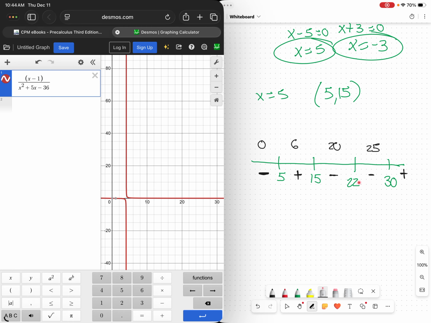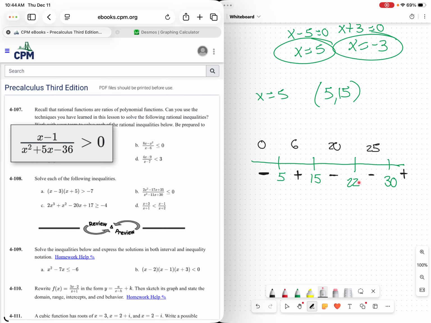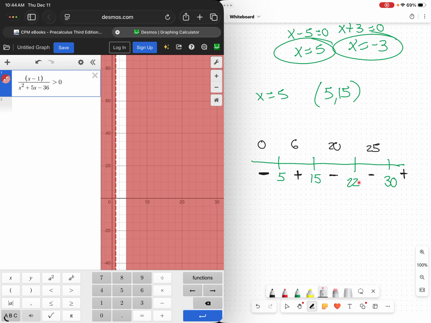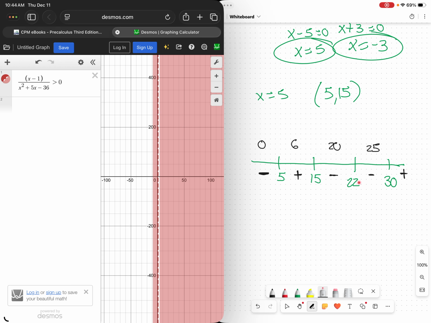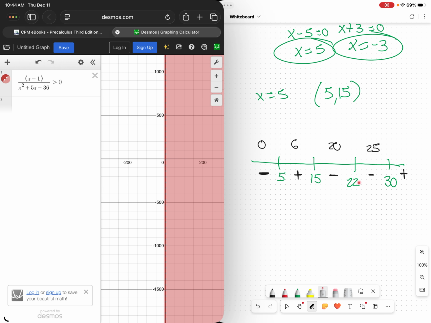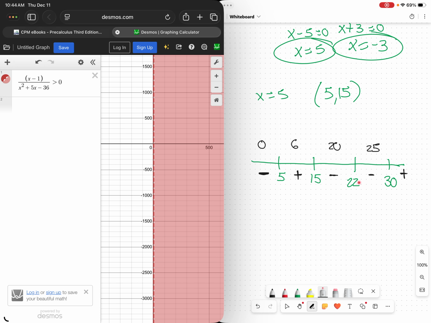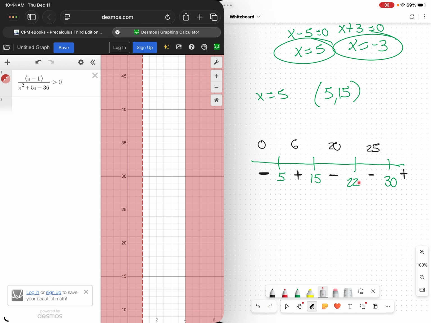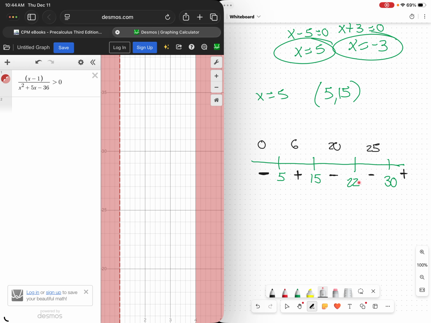Okay, and then we have that it is greater than 0. So you can see here, it changes this graph a little bit, right? So we can see that there's shaded regions, okay? And we can see what this looks like as far as the shaded regions go.